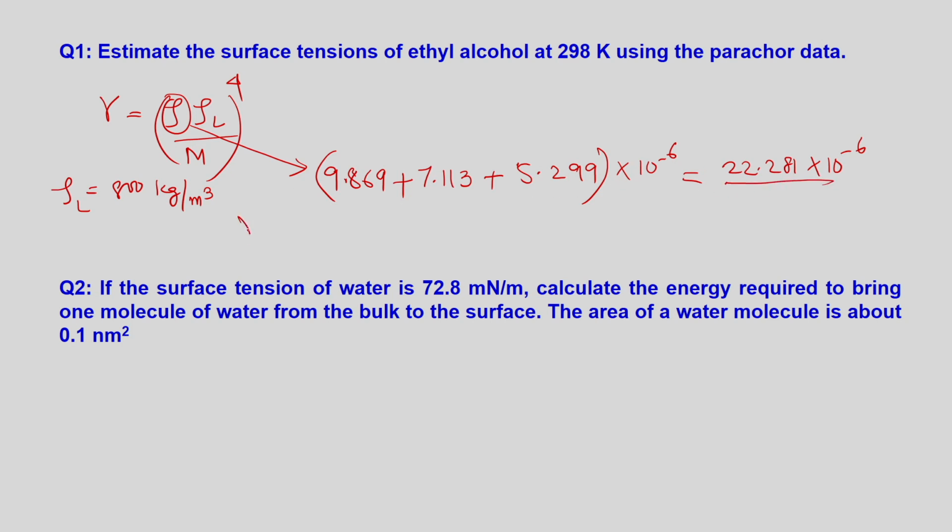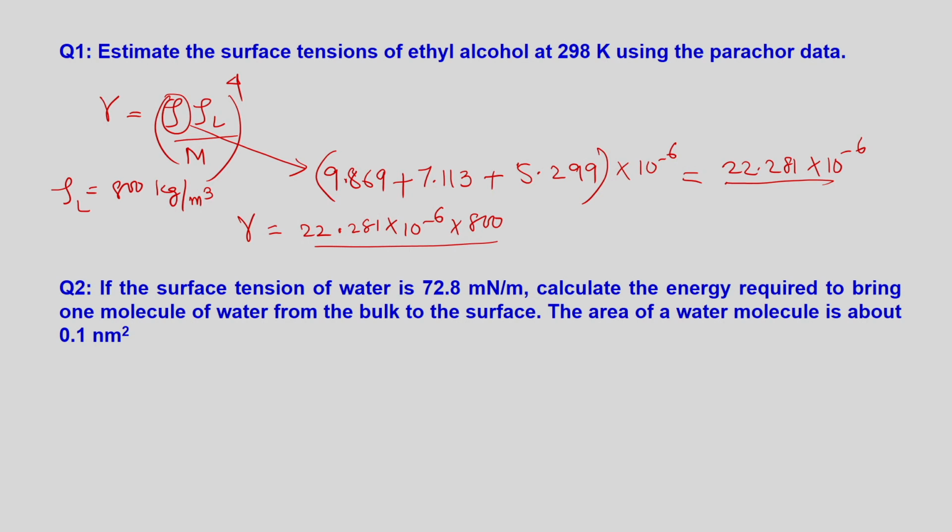Now just plug in these values, and you will get the surface tension. So it is 22.281 into 10 to the power of minus 6, density is 800, divided by the molecular weight.